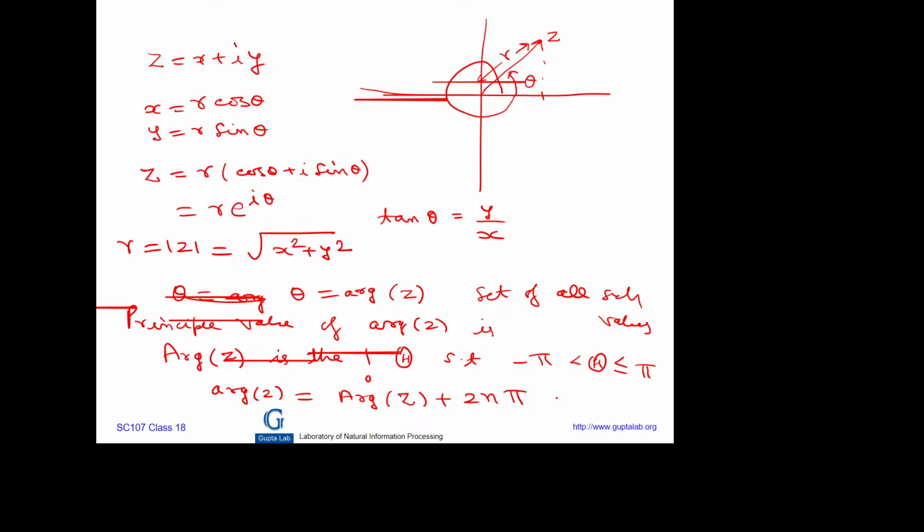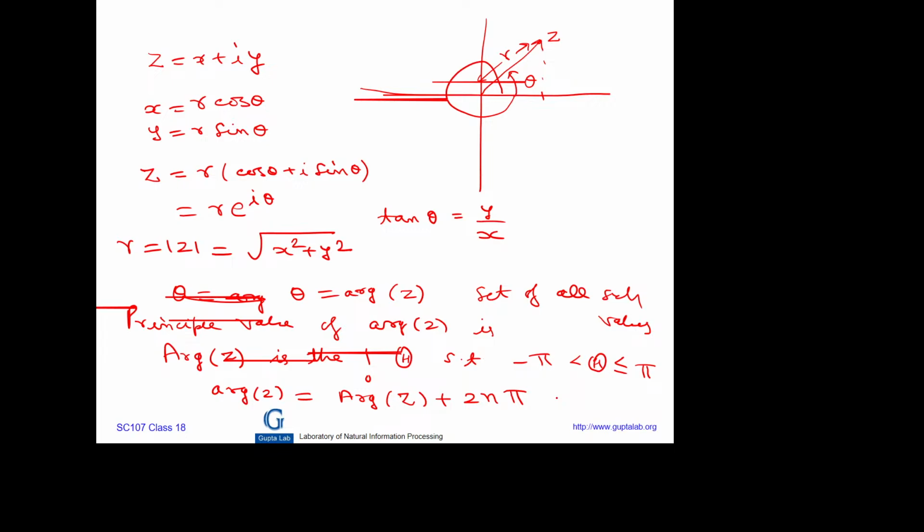So this argument of z happens basically when we have n is equal to 0, or you say that I am just taking one round, right? Say minus pi to pi. Okay. So this is nothing but capital argument of z is the unique theta.